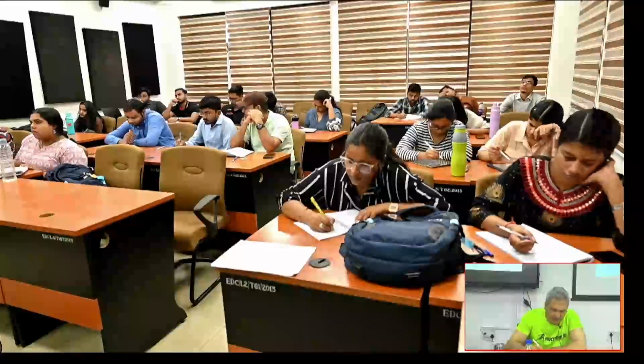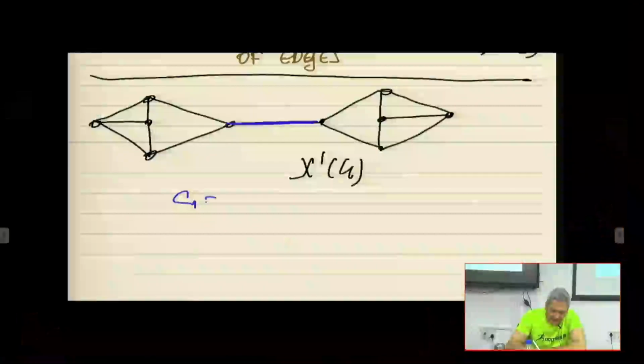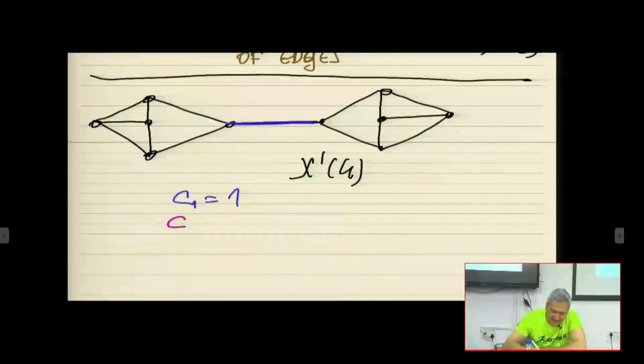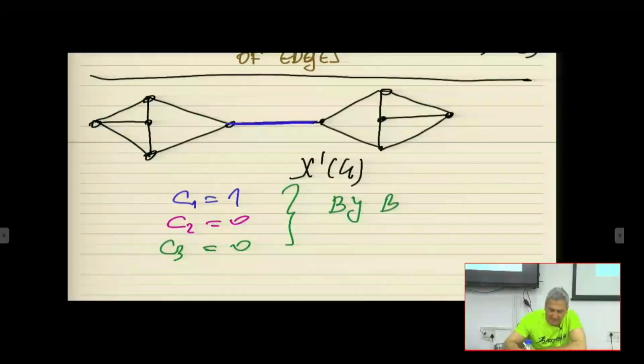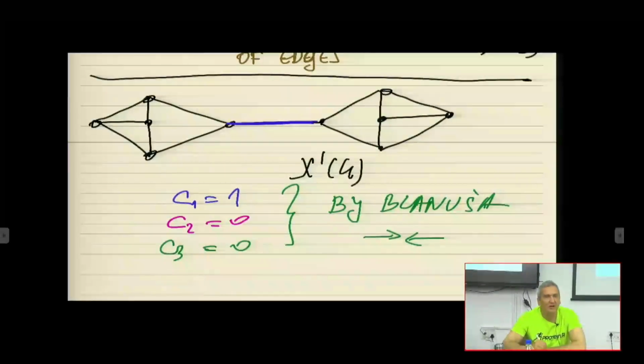This has chromatic index 4, because however we color it with, let's say, blue, we have C1 is then 1, and then C2 is 0, and C3 is 0. By Blanusha, this is a contradiction because they are not all of the same parity. So you don't have to try to color it. You can just apply Blanusha, yes?